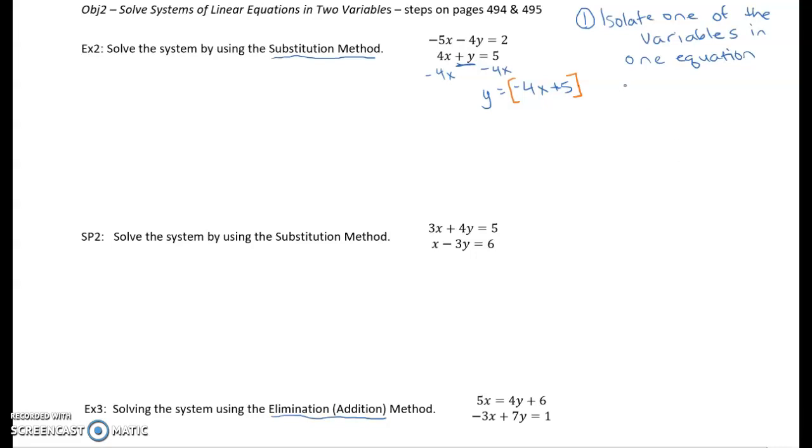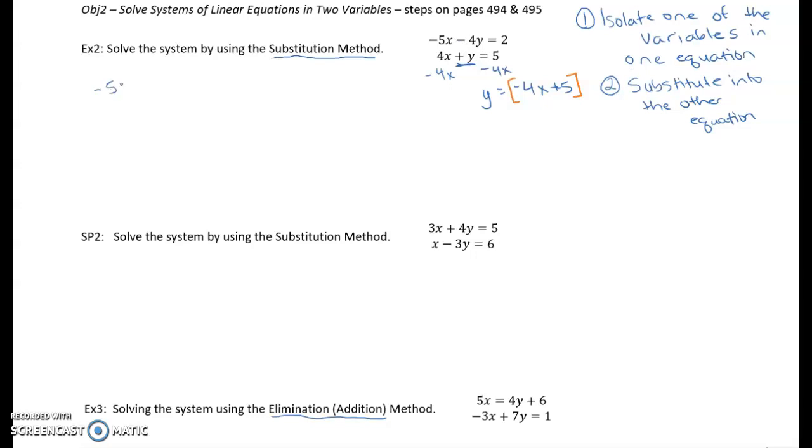Once you've isolated one of the variables, your second step is to substitute into the other equation. You're always going to have two equations to work with. So we're going to substitute into this top equation.